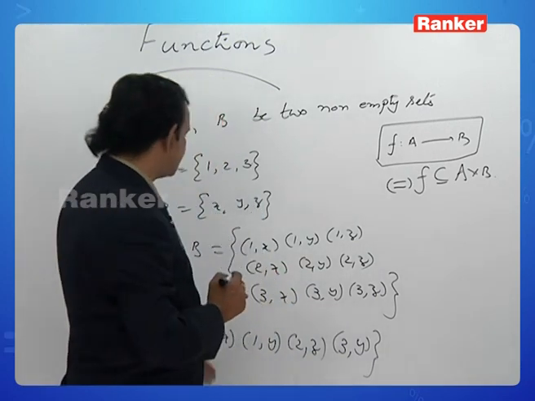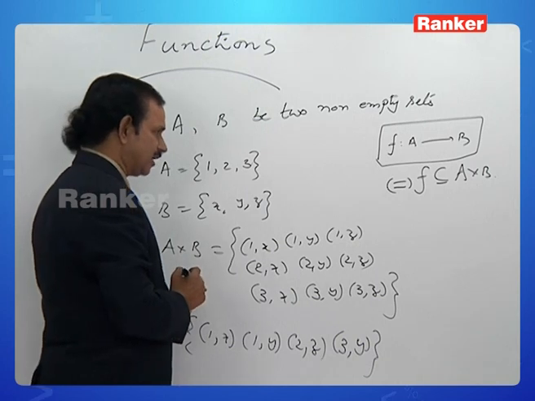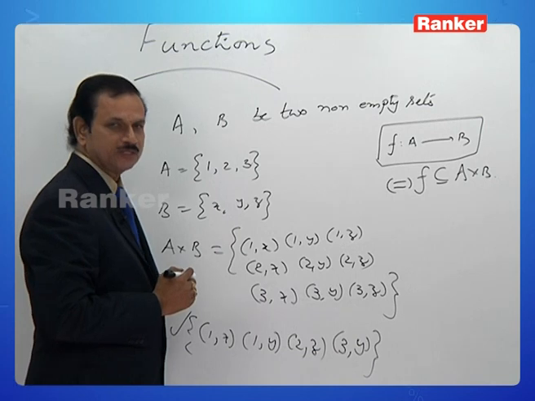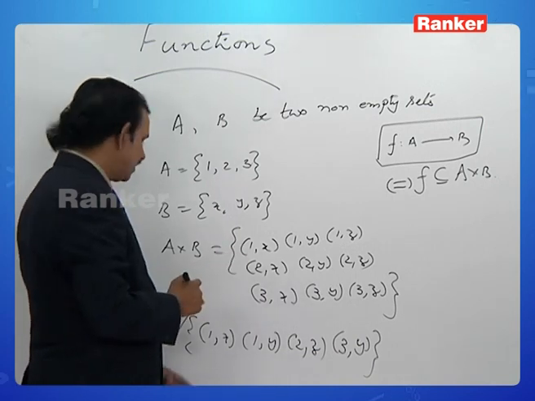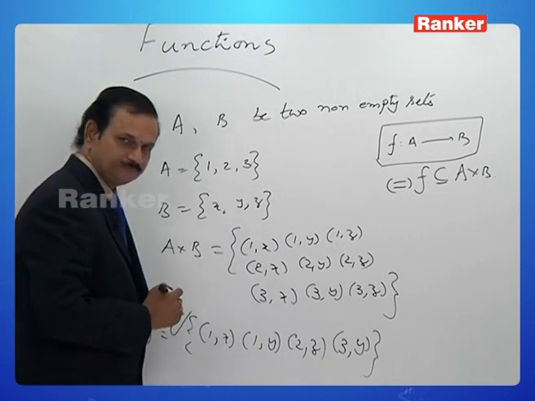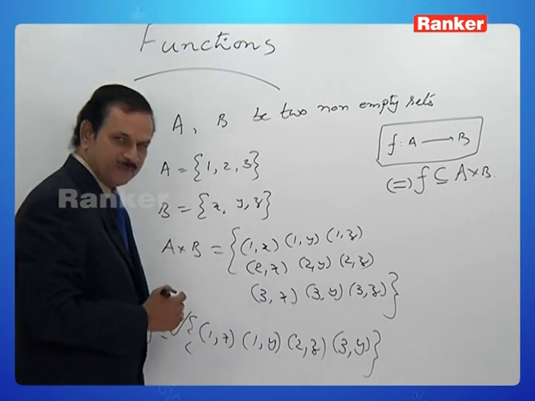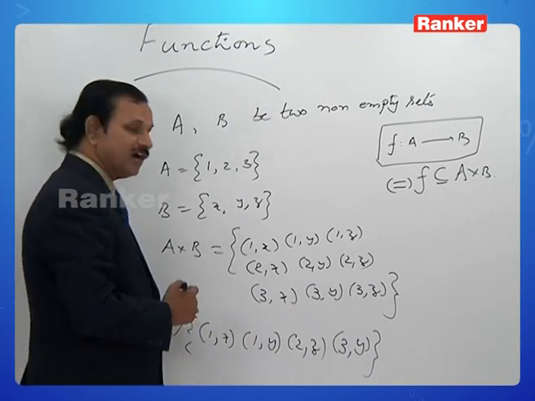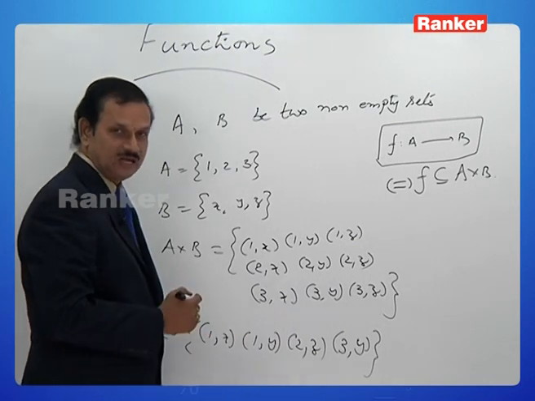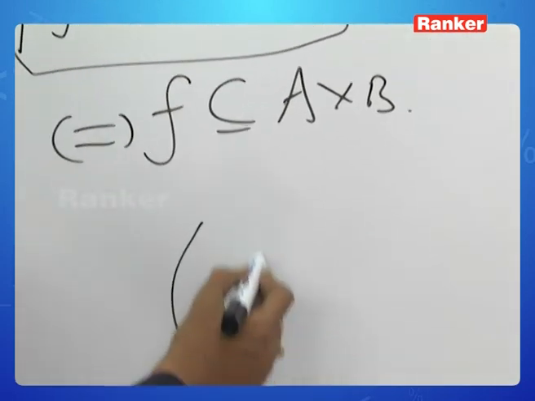Well, with this understanding, what can you conclude? Any subset of A cross B is called a relation from A to B. Here in this example, what is the relation we are considering? This is the relation. This has been expressed in terms of ordered pairs. There is another way also to express the same relation pictorially also. Which is very, very familiar to you.